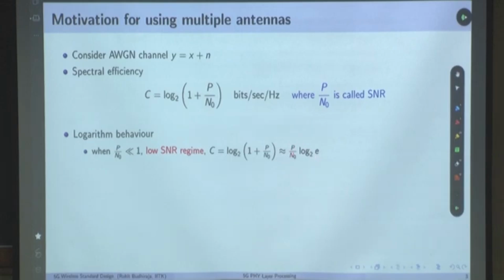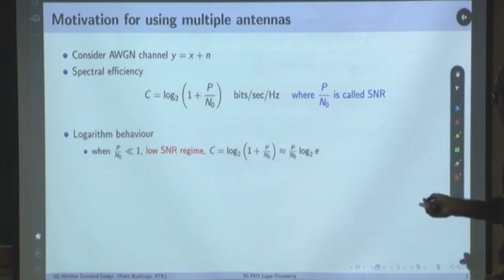If you look at this carefully, the capacity has become a linear function of SNR in the low SNR regime. If you increase the SNR by a factor of 2, your capacity will increase by a factor of 2. If you increase this SNR by a factor of 4, the capacity increases by a factor of 4. It is as simple as that.